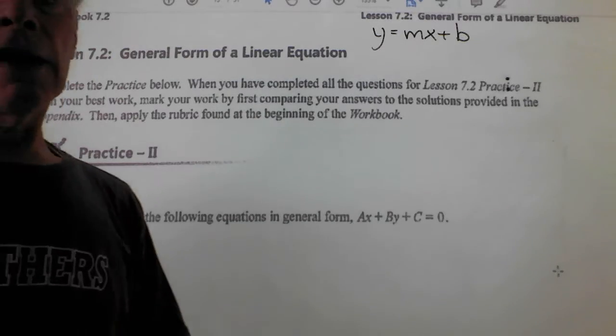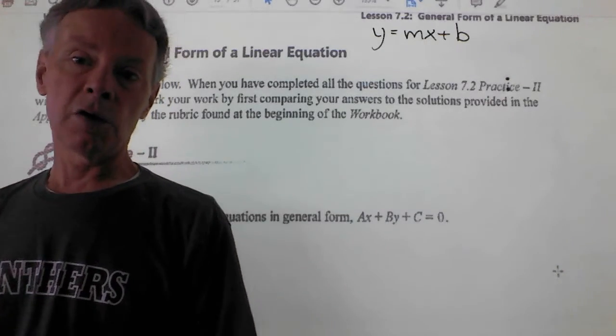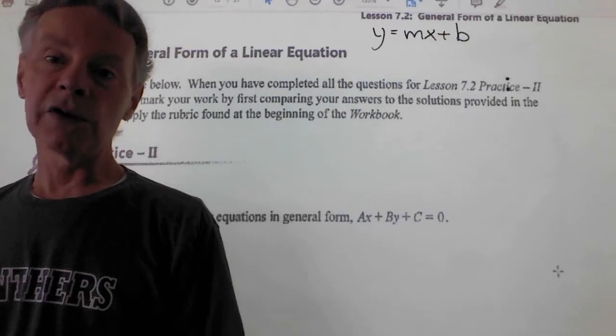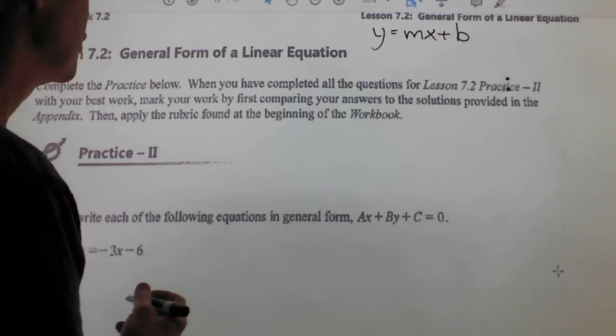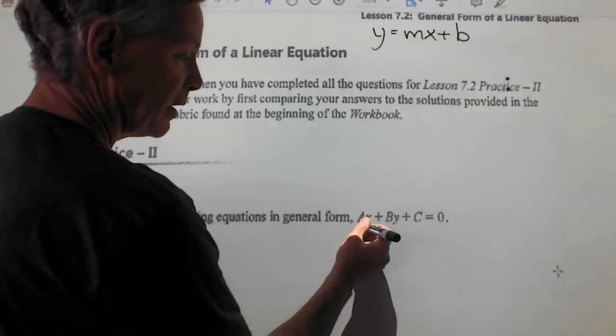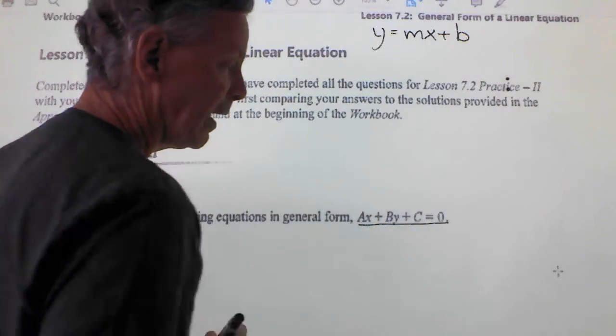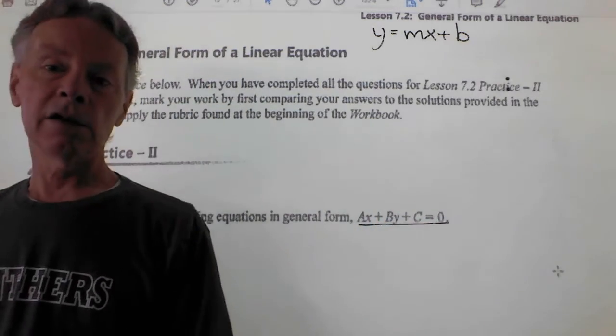7.2 looks at a different way of arranging an equation, which is called the general form, and the general form is right here: Ax plus By plus C equals 0.